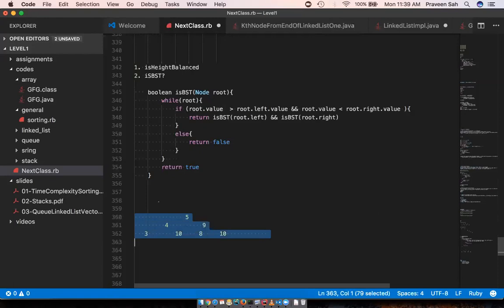Is this a BST first of all? Oh yes, now it will return true. Is this a BST? No, this is not a BST. And your code will return true or false? True. So can you now correct your solution?